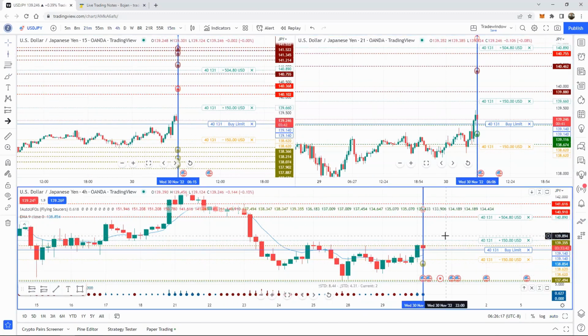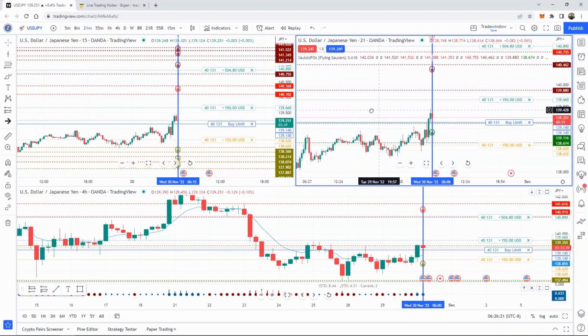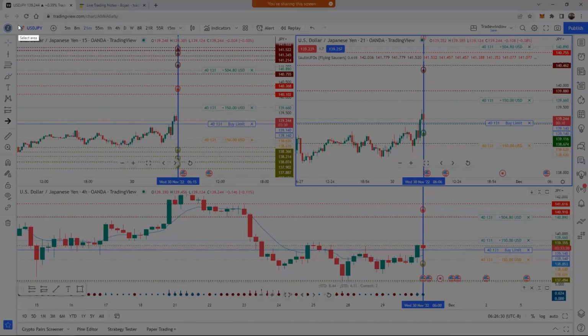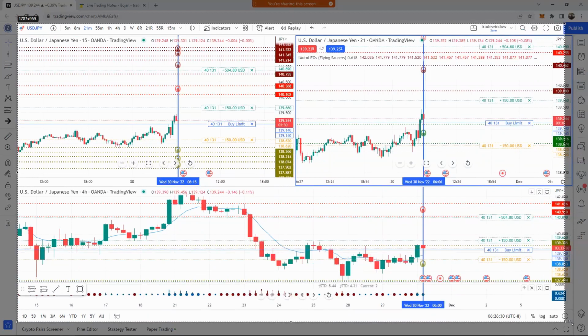So I typically throw a vertical line so I know, okay, this is the picture that this looked like when I was analyzing this and looking to execute on this. All right. And then we're going to take a screenshot to keep it even more visible. Documentation is king when it comes to your trading. Definitely try to do the best that you can to document your trades.